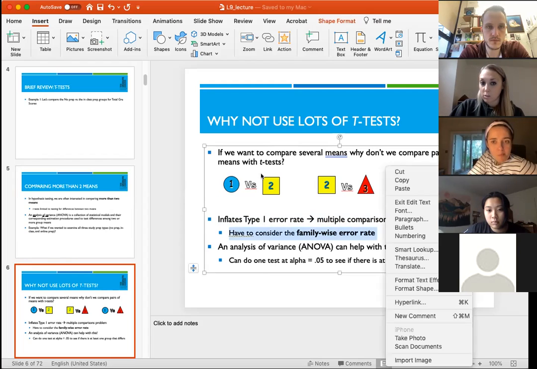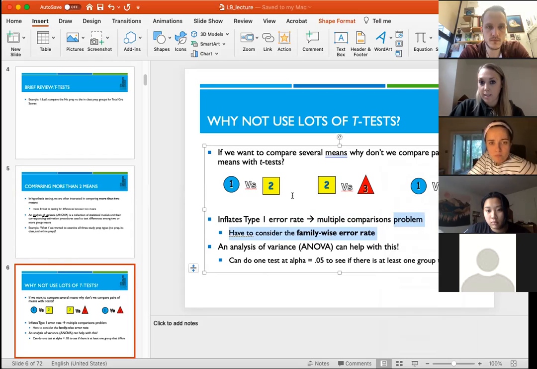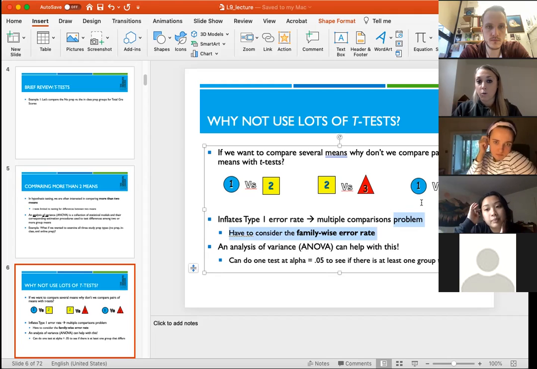Whenever you're doing multiple comparisons, this one is one comparison, this is one comparison, and this is one comparison, and every time you do a comparison, your type 1 error rate exists. So we're going to assume a standard alpha, a 0.05 chance of committing a type 1 error here. You have that same probability here, and you have that same probability here.